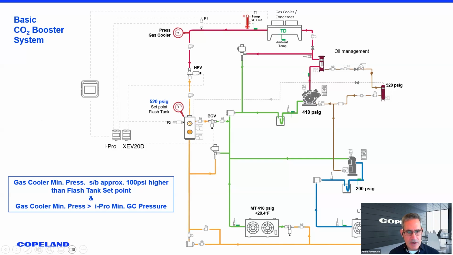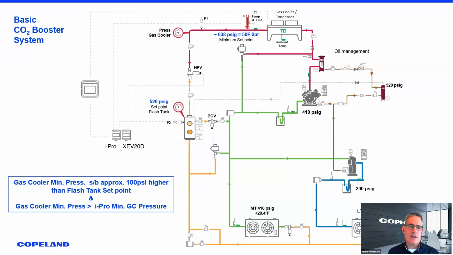In the box down here, it says that the gas cooler minimum pressure set point should be approximately 100 PSI higher than the flash tank. So if I'm trying to control 520 PSI in my flash tank, which is 30-degree saturation, that means my gas cooler minimum should be around 520 or a little bit higher, minimum 100 pounds.